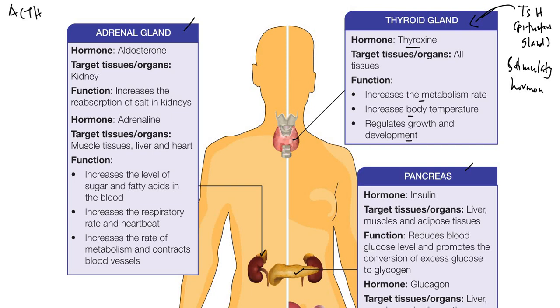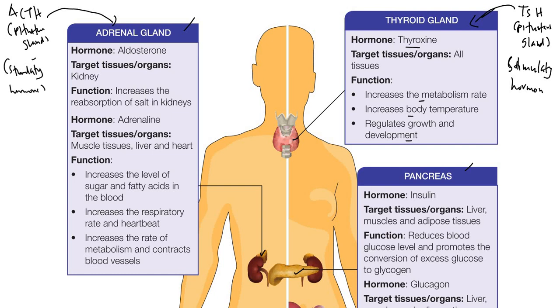ACTH is from the pituitary gland also. So when it is secreted by the pituitary gland, it will stimulate the adrenal glands to secrete hormone. So this ACTH is also a stimulating hormone.